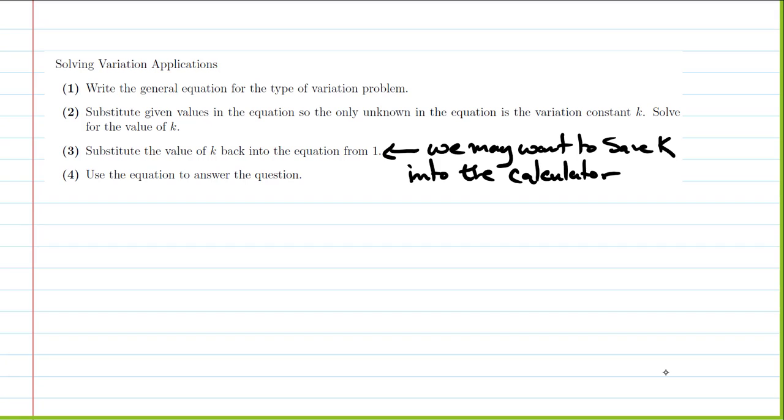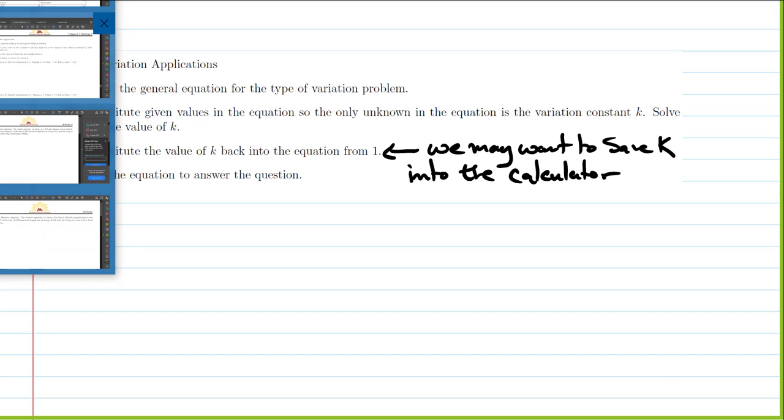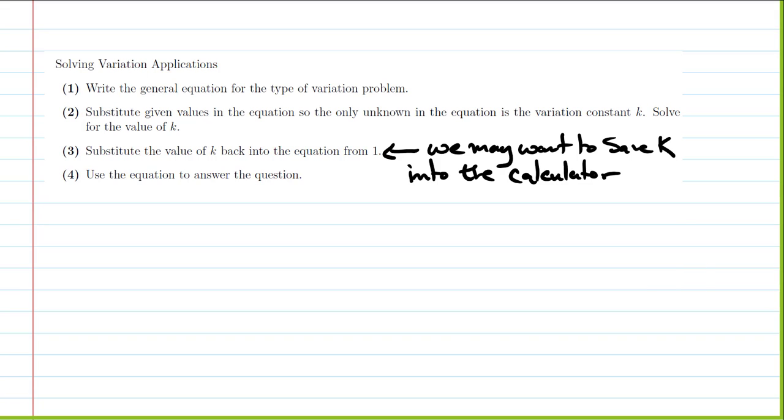All right, so let's take a look at our first couple of examples. And before we do, we want to talk about some different types of variation.